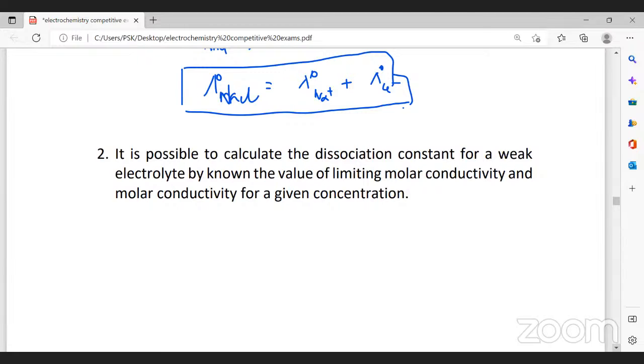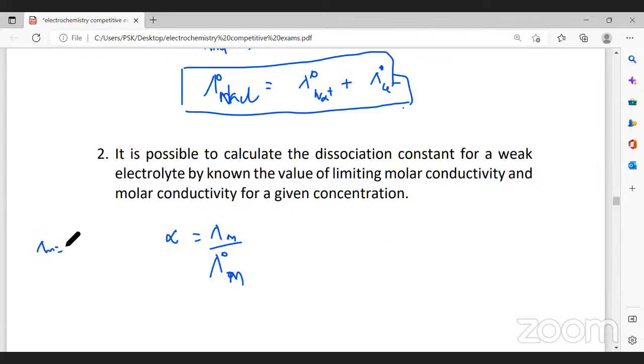The second one is that it is possible to calculate the dissociation constant of a weak electrolyte by knowing the value of limiting molar conductivity for a given concentration. The degree of dissociation of a weak electrolyte is represented by the letter alpha. Alpha is equal to lambda m divided by lambda naught m.